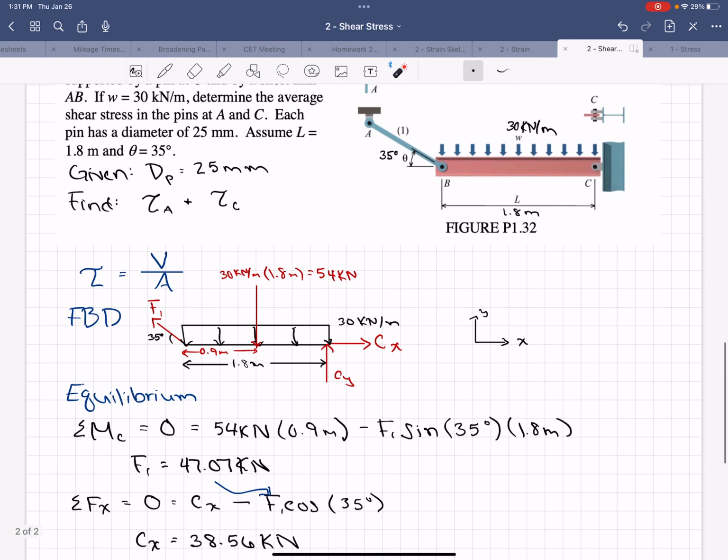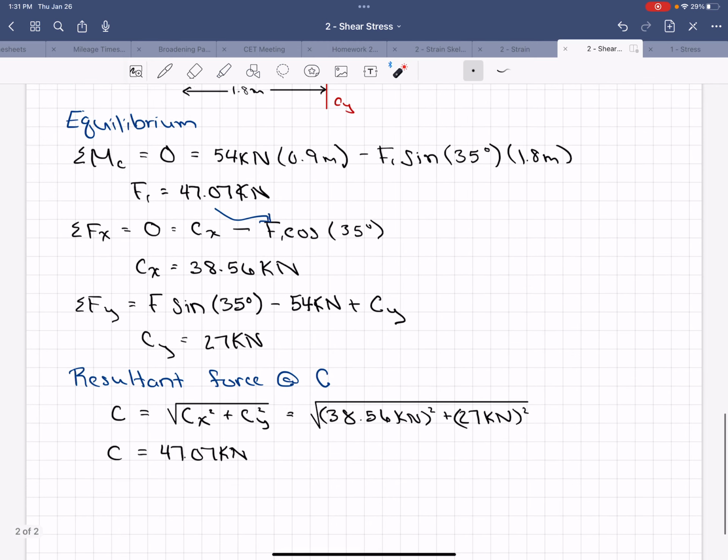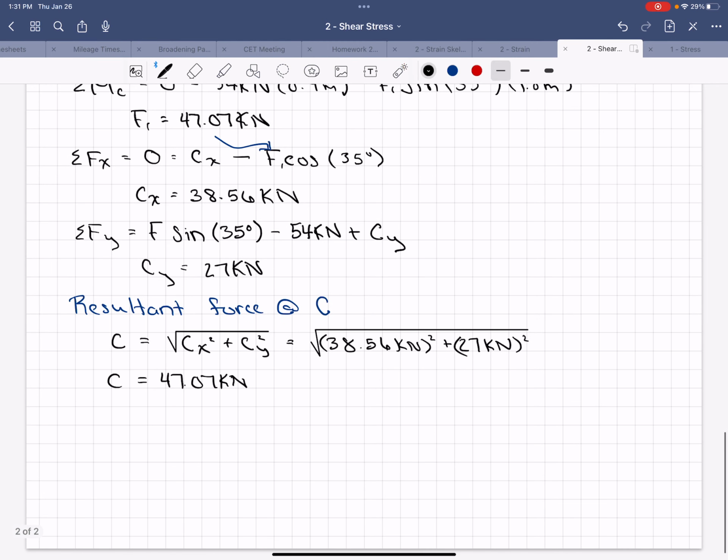Okay, so the area of the pin, we're going to use the area of a circle with the diameter. So A pin equals pi over 4 times the diameter of the pin squared.